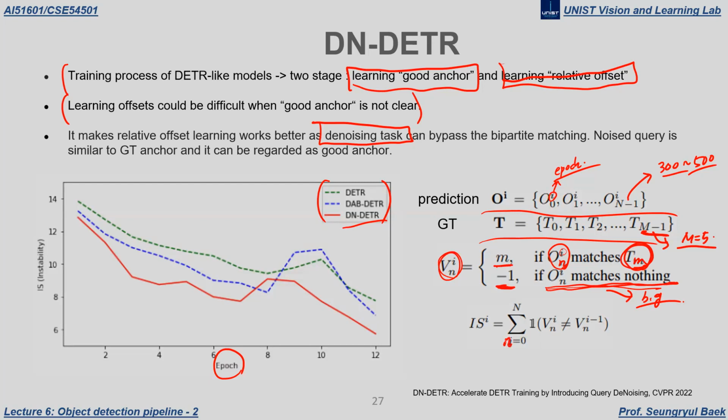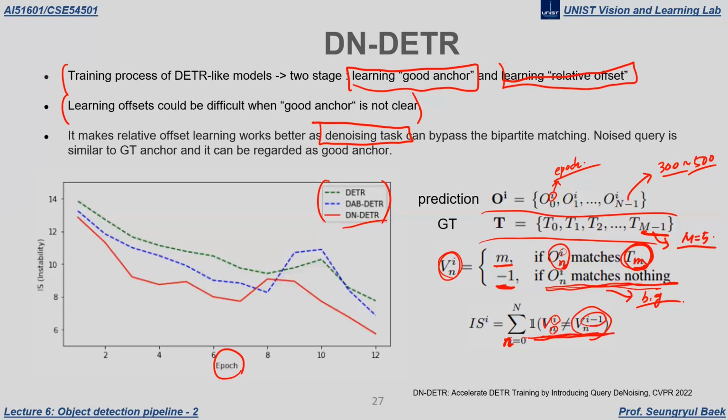Anyway, if in the I-th epoch this match value V is not the same as the (I-1)-th epoch value, then it means for that prediction the bipartite matching was changed.